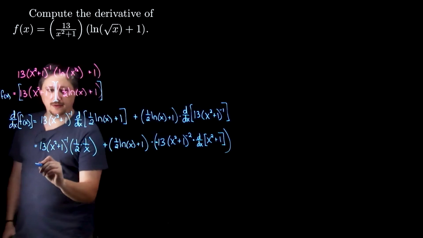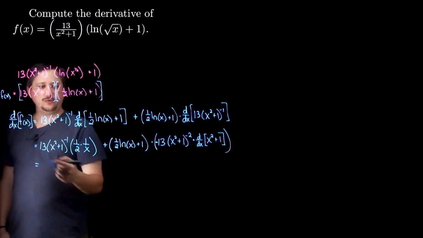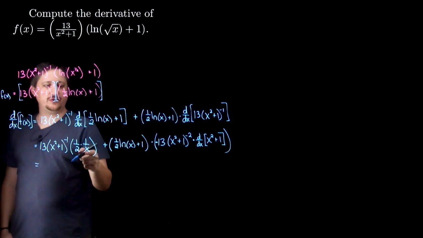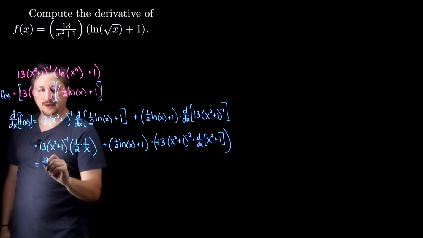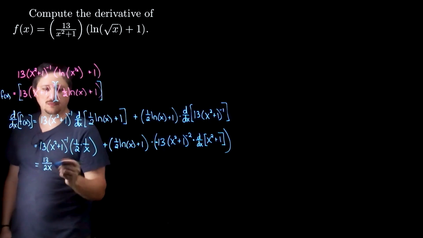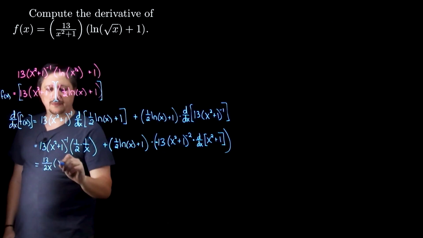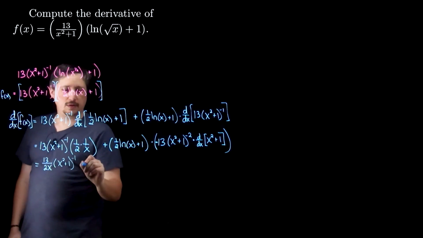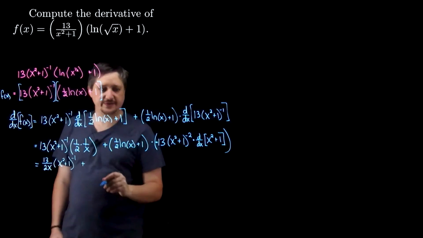So continuing on then, I could pull all of this out, right? So that I could have like 13 over 2x, just to clean it up slightly. I don't have to do that, but why not? Times x squared plus 1 to the minus 1 plus, this thing stays the same.